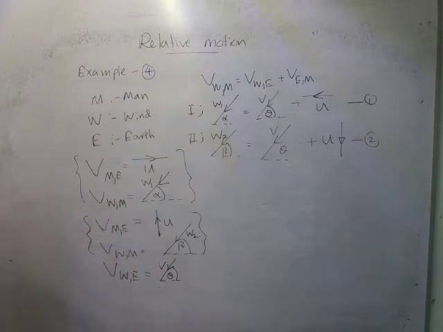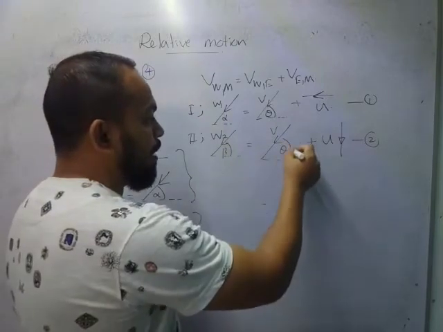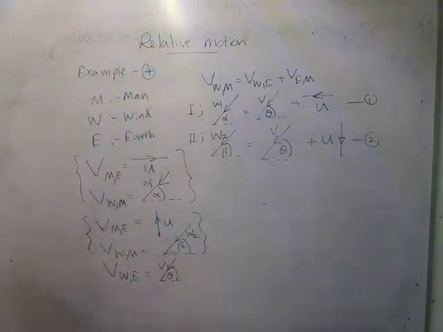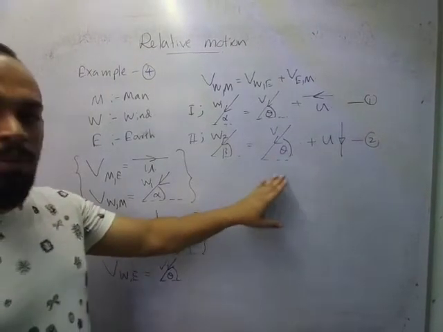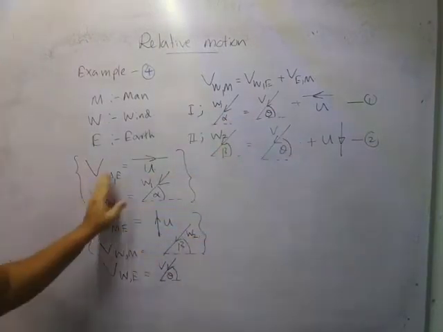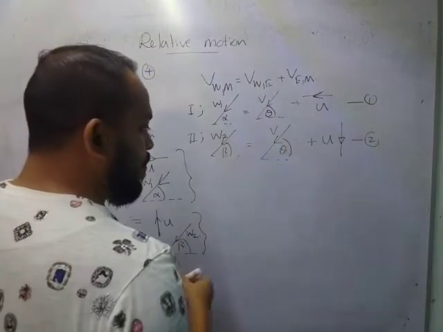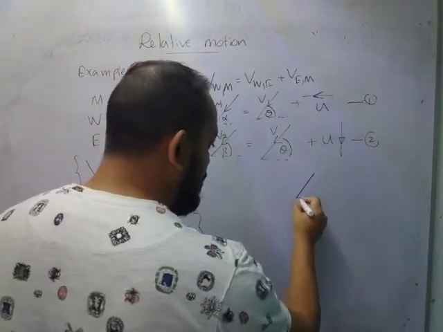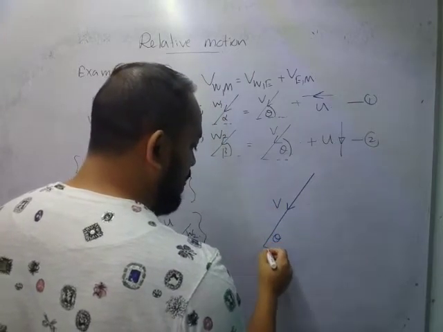Now let's draw the diagram. So first start with this. What we know doesn't change, so we start from there. First let me show you how to draw the diagram. Then after that I'm going to erase all of this and refer to the diagram. So this one is fixed for both of them. Let's mark some length V and theta.